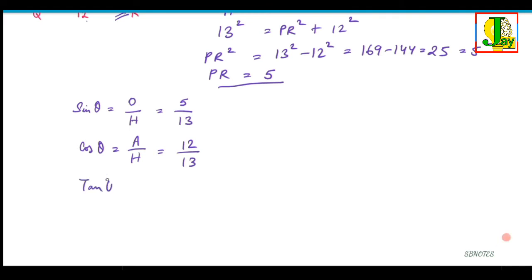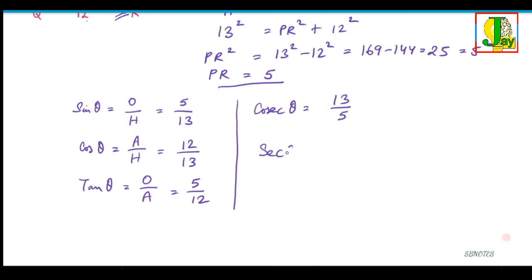Tan theta equals to opposite by adjacent, that's 5 by 12. Now the other parts, cosec theta equals to hypotenuse by opposite, that's the reciprocal of sine, so 13 by 5.